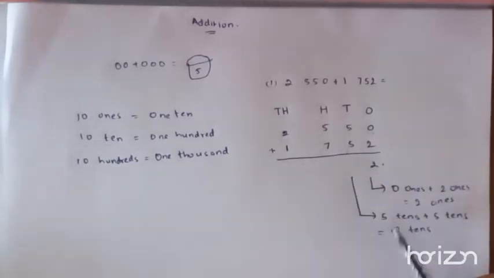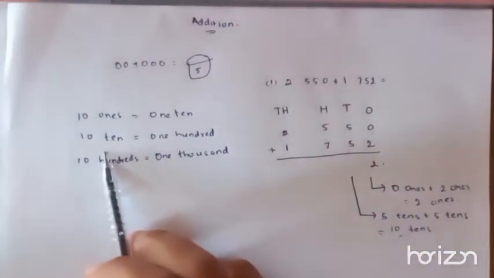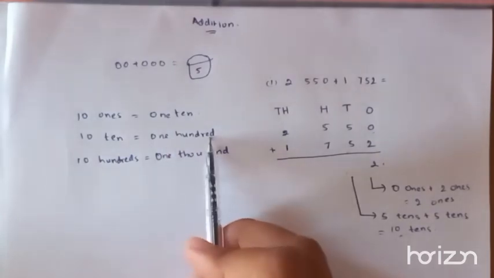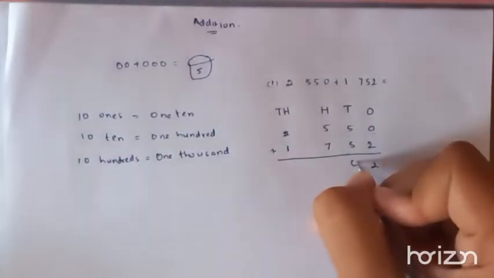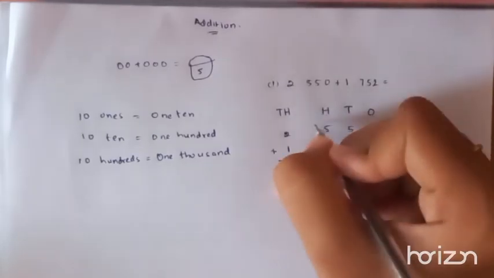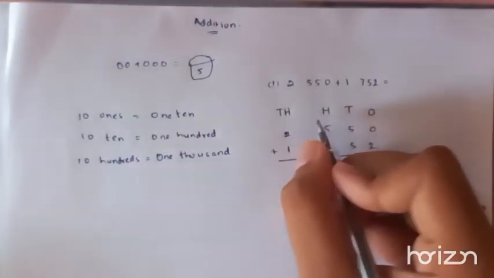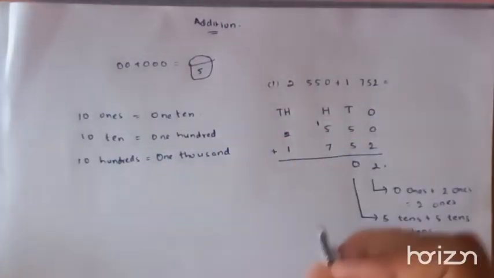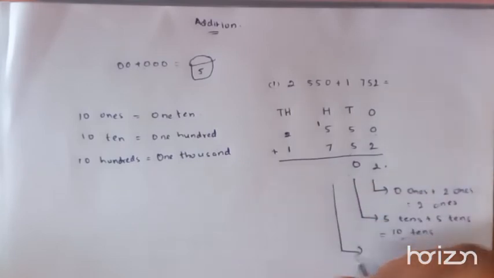So what we're going to do is regroup this 10 tens into 100. I'm going to put 0 here, then regroup that into 100. So now we have to add 500, 700, and 100 together.